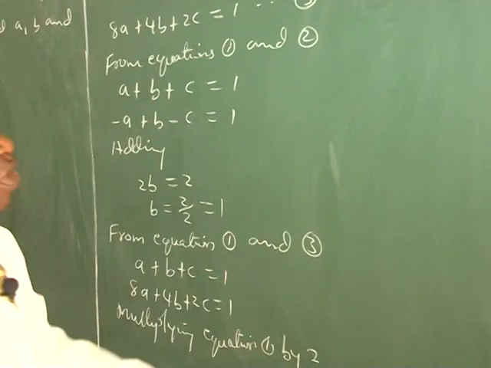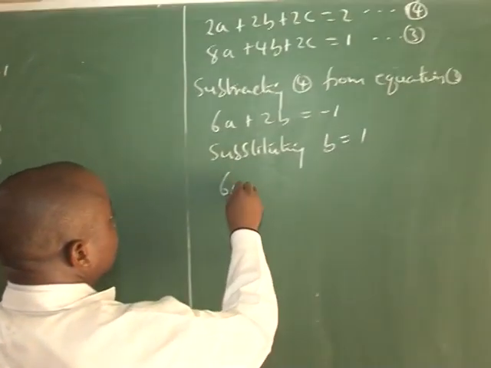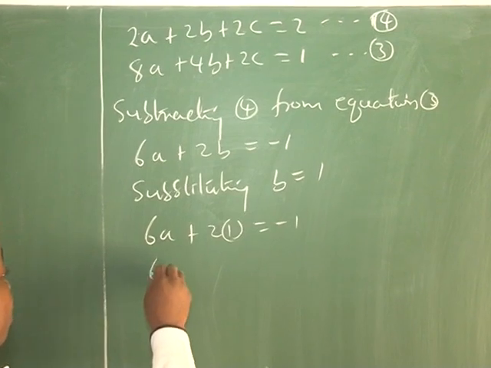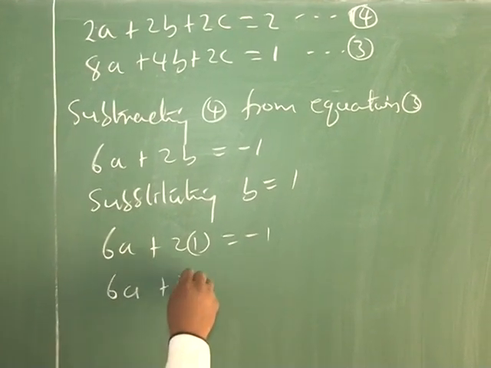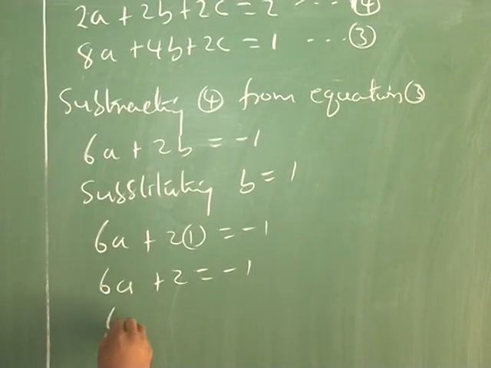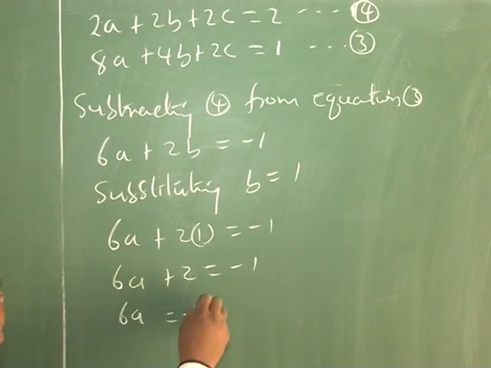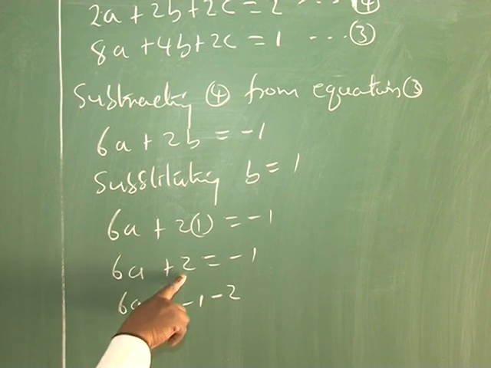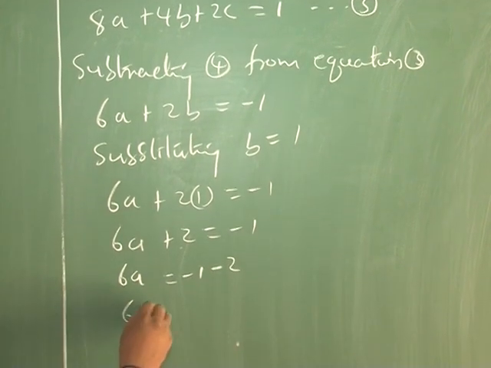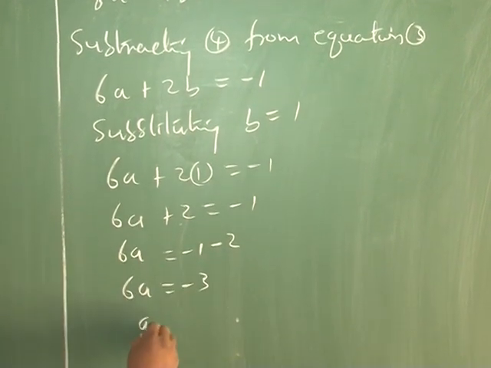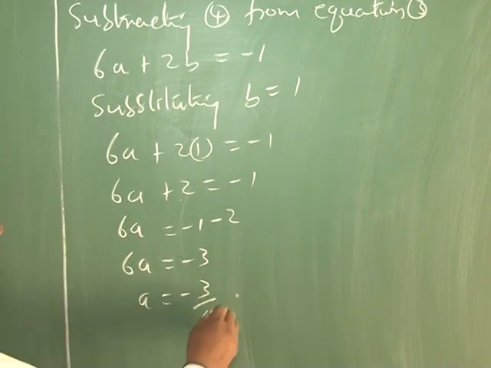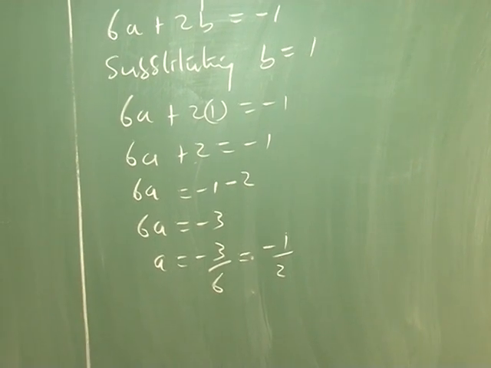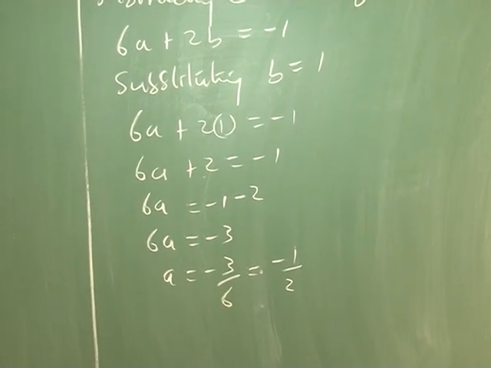So if we substitute it here, we have 6a plus 2 times 1 equal minus 1, which means 6a plus 2 equal minus 1. 6a equal minus 1 minus 2. So 6a equal minus 3. a equal minus 3 over 6, which is minus 1 over 2. That is the value of a, minus 1 over 2.